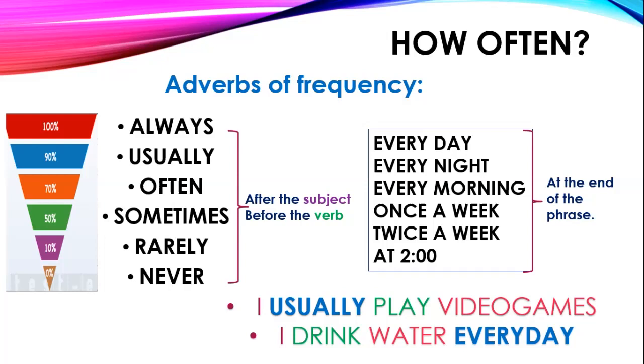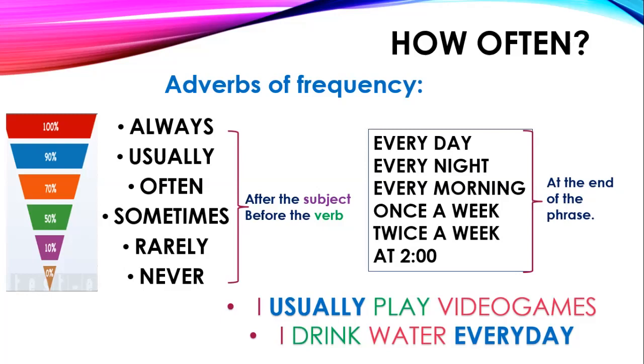And also we can use every day, every night, every morning, once a week, twice a week, at 2 p.m., at 2 o'clock, at 5 o'clock. Okay, so those phrases go at the end. For example, here I drink water every day.